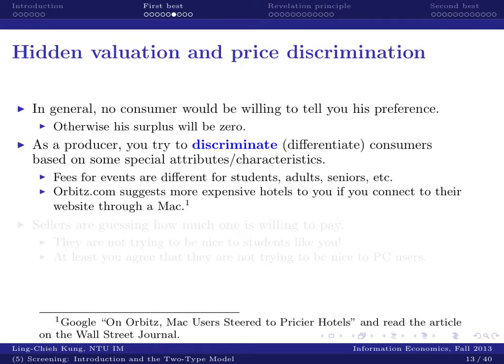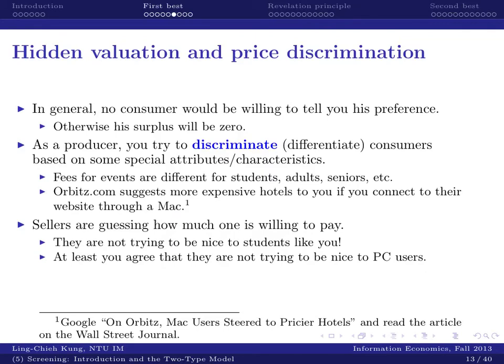Okay? And exactly again, that's because they believe Mac users are richer. Okay, so sellers are guessing how much one is willing to pay. They are not trying to be nice to students, and if you do not believe that, at least you agree they are not trying to be nice to PC users. Okay? If you are interested, you may want to read this particular article in the Wall Street Journal.